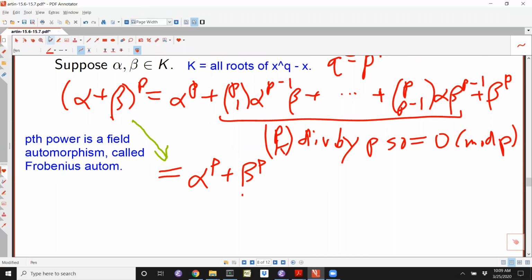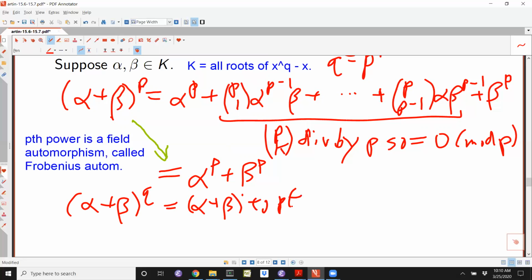In any case, going back to qth powers, if I take alpha plus beta to the q, that's equal to alpha plus beta to the pth power, and then you do that r times.